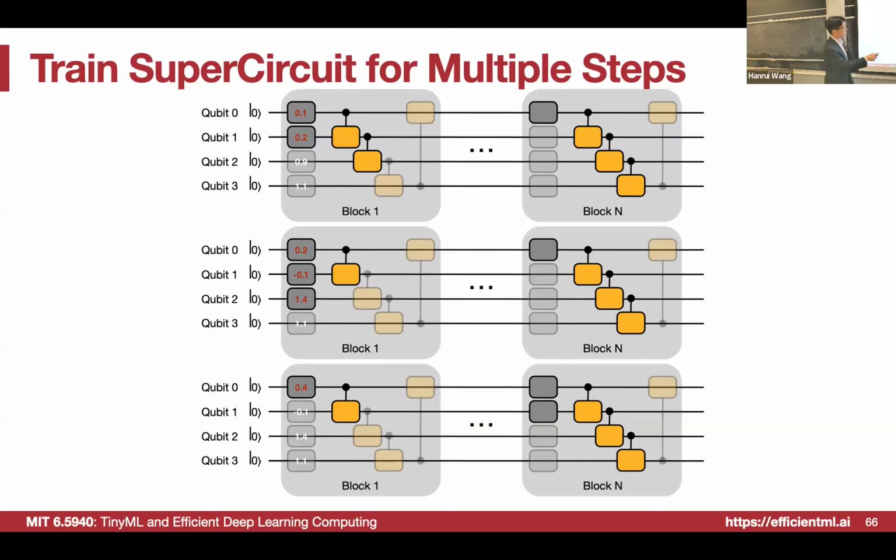For the next step, if we are sampling the first 3, we are changing those values. But the 1.1, because it's not sampled in those 2 steps, we just keep the previous value. And for this one, it's not sampled again, and we still keep this. But this one is trained for 3 steps, right? And for the other ones, we just keep the previous value if that is not sampled. So that means the training process is actually continuous in terms of the parameters and values.